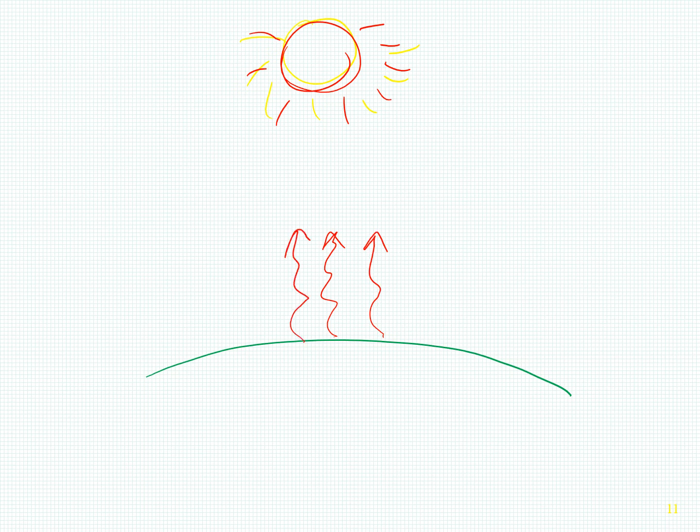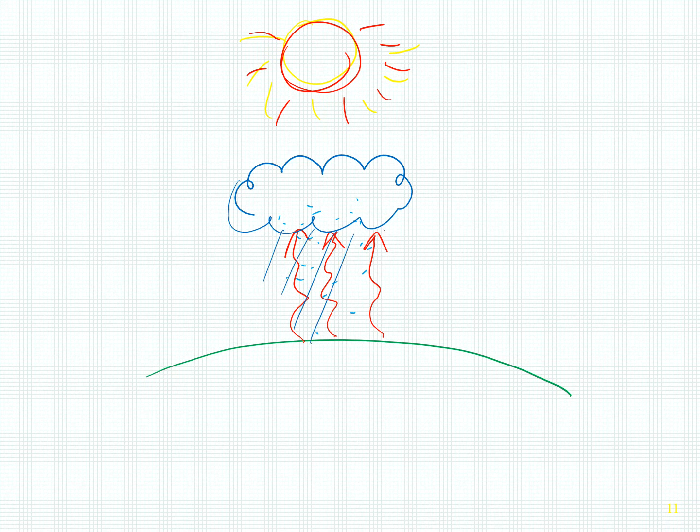With it, it's evaporating the water, so we're holding lots of water in that air. And as it rises, as we go up higher in the atmosphere, the air is less dense, so it's going to start to cool, and that water is going to form little rain clouds, and so you're going to start to get the rain falling here.